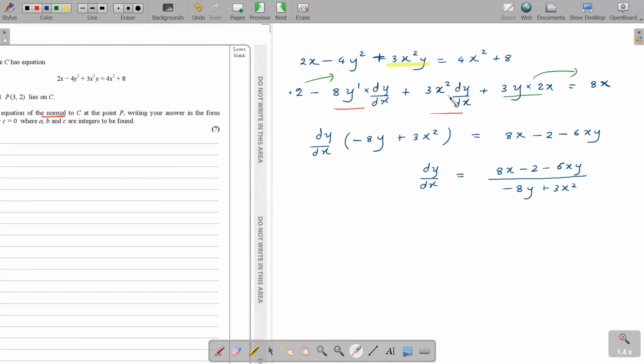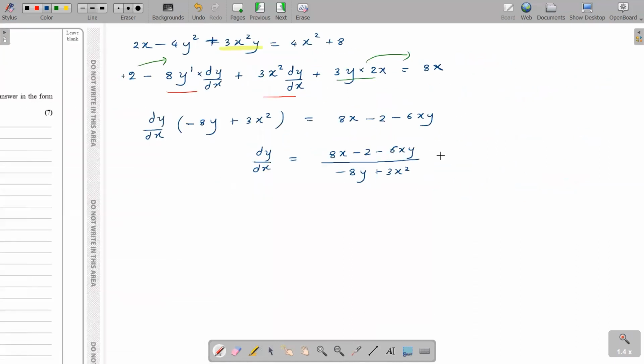Both of them are the same. If you get this answer with all the terms having a sign change, that's also correct. Both of them are okay for dy by dx.